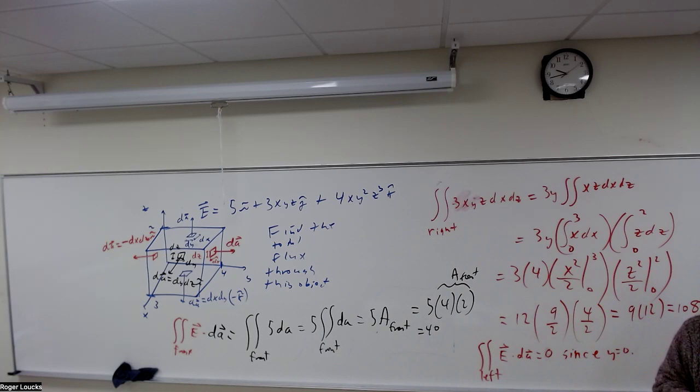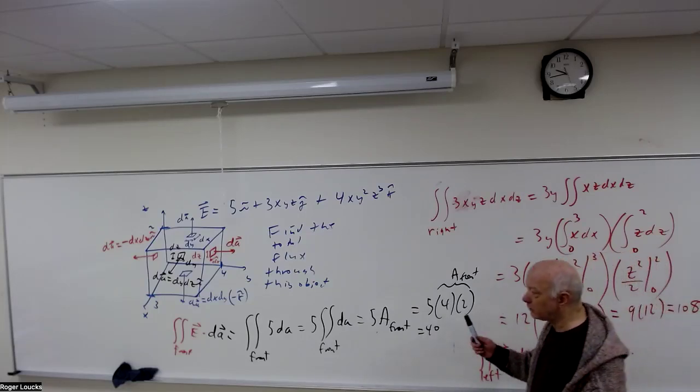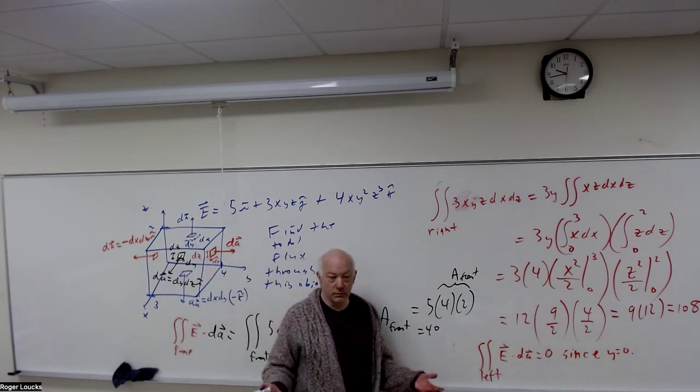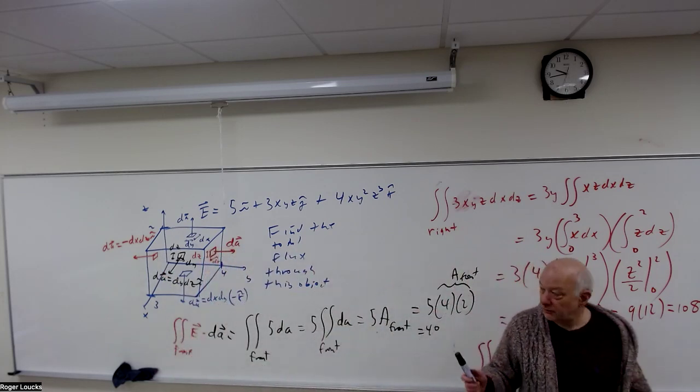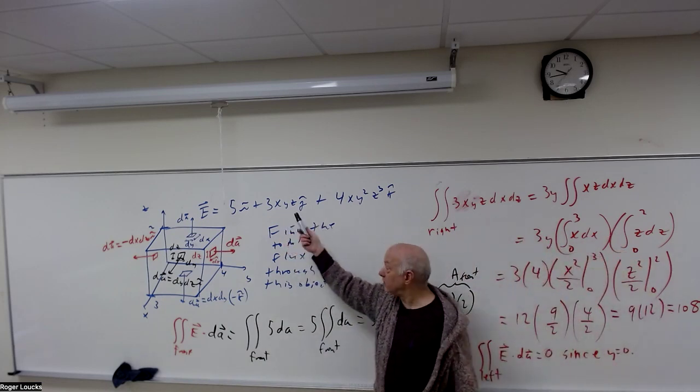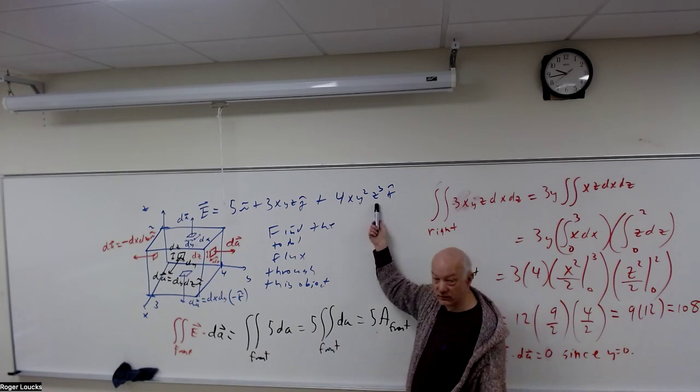Now, what about the back? It can't be 0. Why did we have the left and bottom here? Why were they 0? Because if you look at the left term here, there's a y in it. If you look at the bottom term here, it has a z in it.